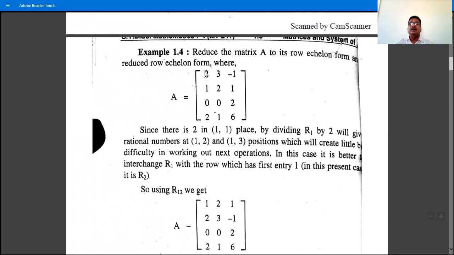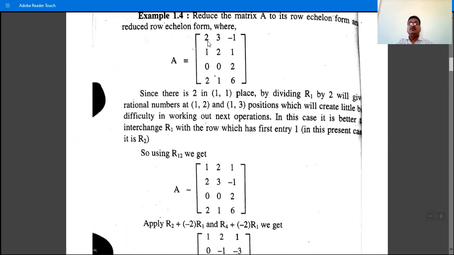Reduce the element 1, these 2, 1. So just interchange the first row and second row, because there is a 1 at this place. Don't apply the 1/2 R1 operation. What happens if we apply 1/2 R1? Then we have 1 at this place, but we have 3/2 at this place and minus 1/2 at this place.